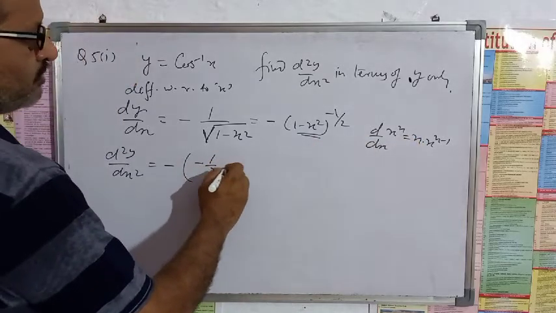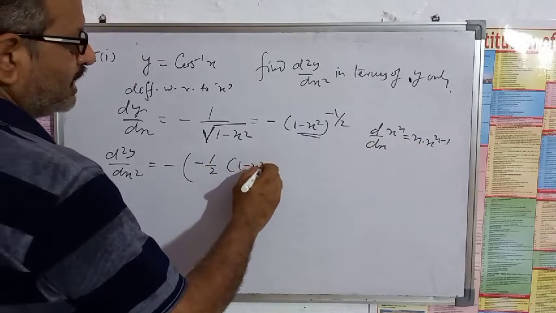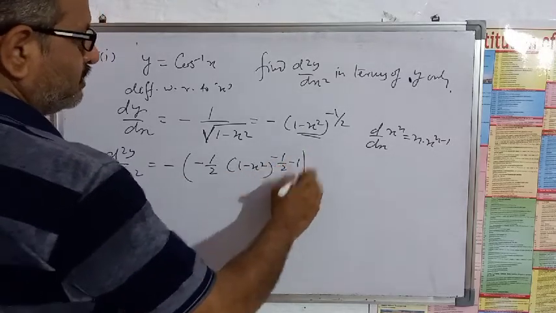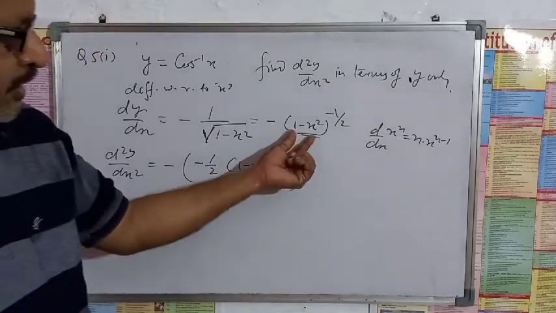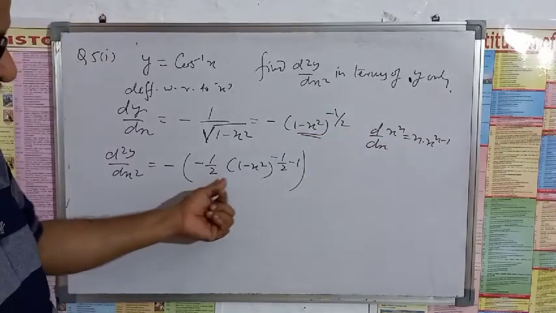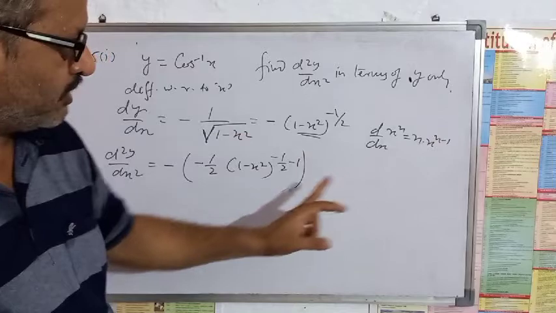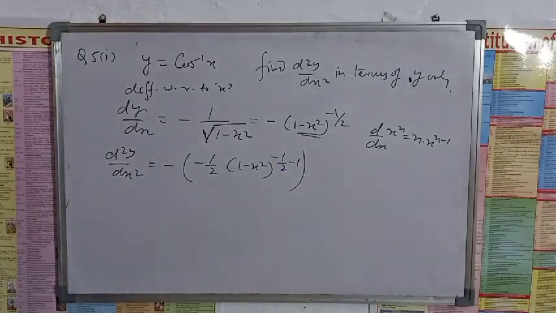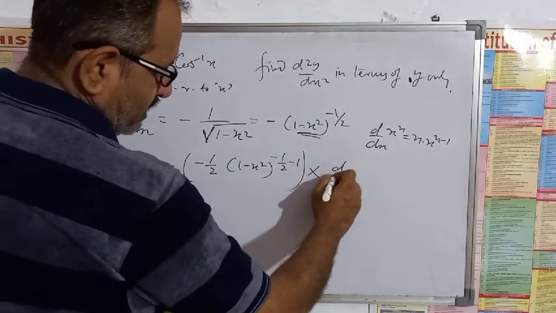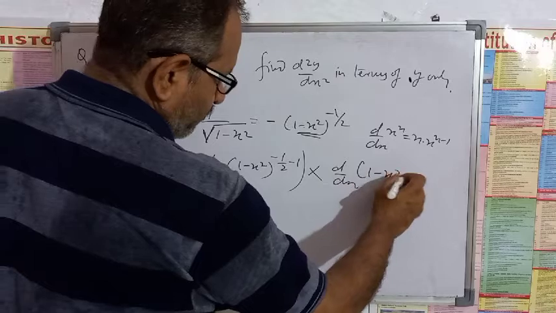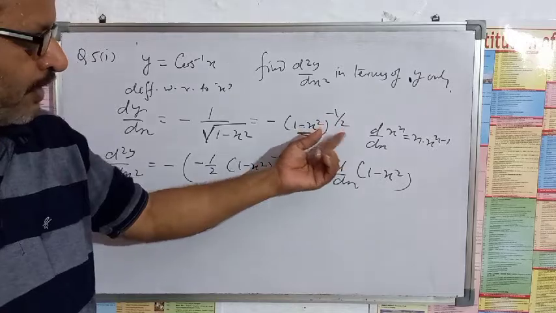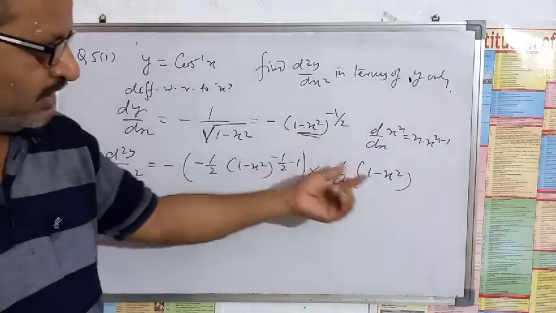So we can write minus 1 by 2, 1 minus x square to the power minus 1 by 2 minus 1. In place of x, 1 minus x square is there, and n is minus 1 by 2. Now differentiate 1 minus x square, d by dx of 1 minus x square. Using chain rule, firstly differentiate this one, after that differentiate the base 1 minus x square.